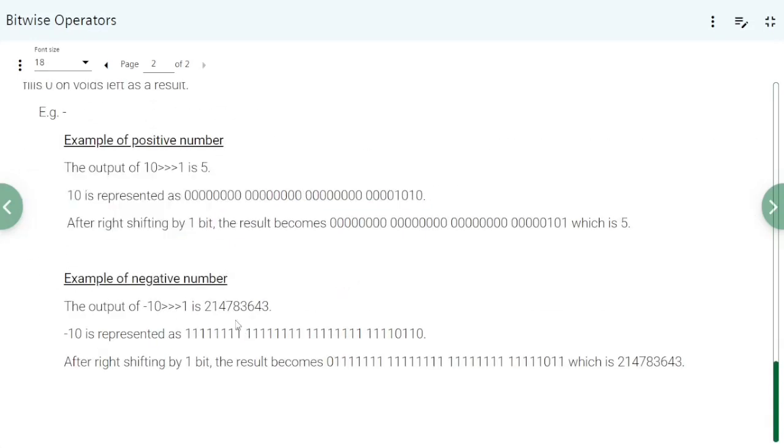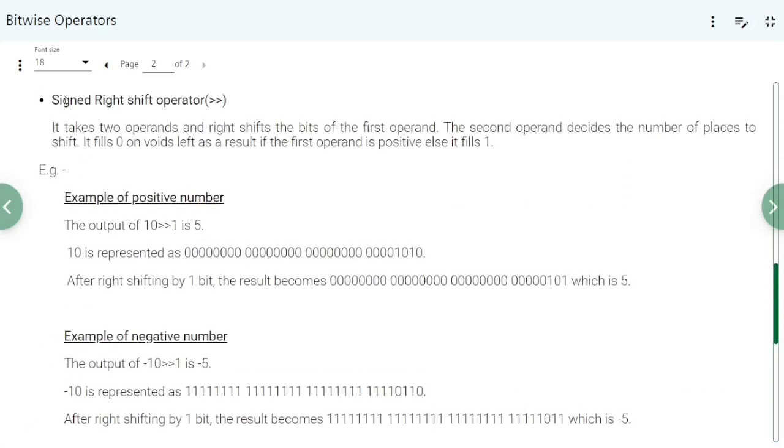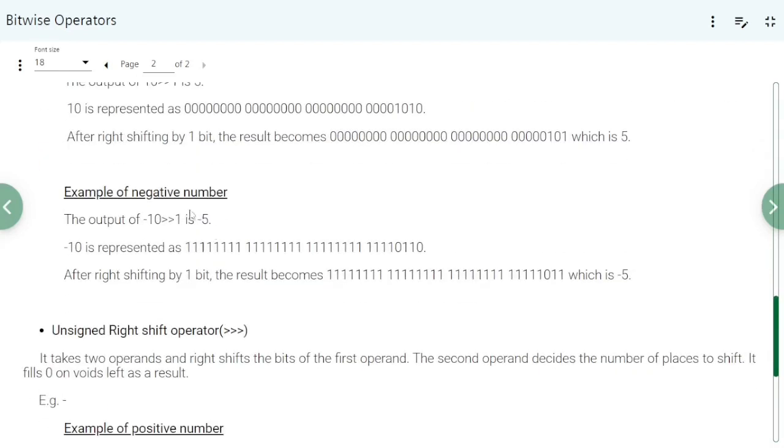Difference is in the negative numbers. Like here, as you can see, we are also having this negative sign when we are in the signed right shift operator. In the output after shifting towards the right, we'll be getting a signed decimal number as output.